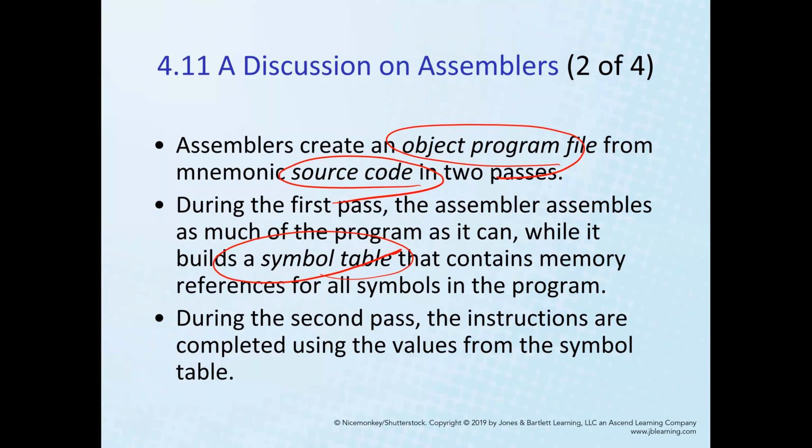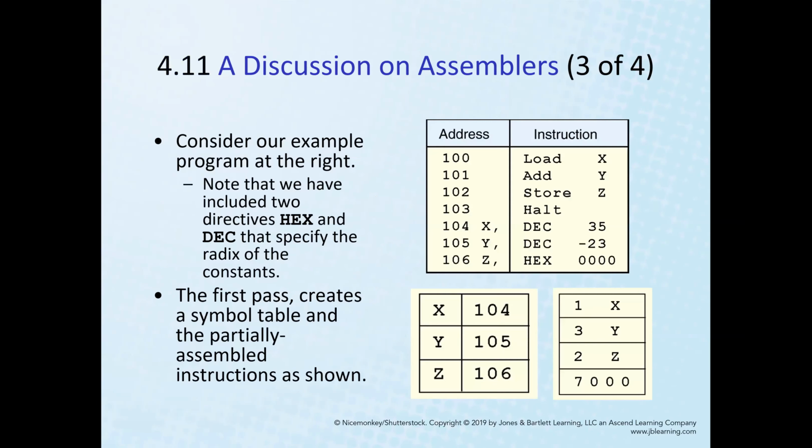Okay, so these slides are explaining the same concepts that I already discussed. Here is the same thing that I explained. And by the way, something I should also mention is that when we have programs with data, it is supposed to mention if the numbers are decimal or hexadecimal.